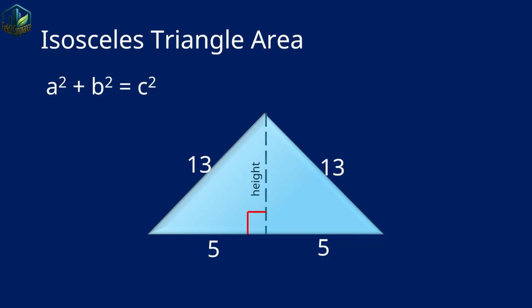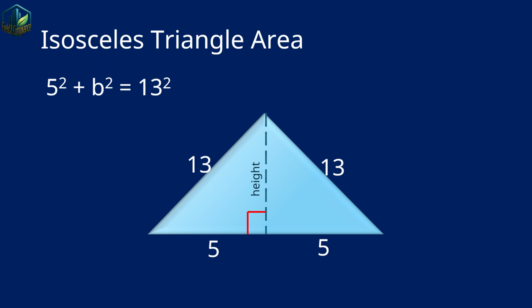Using the Pythagorean theorem to find the height, given the hypotenuse is 13 units and one side is 5 units, these values are entered into the formula. 5 squared plus b squared equals 13 squared.